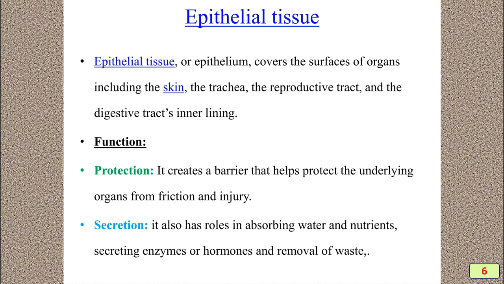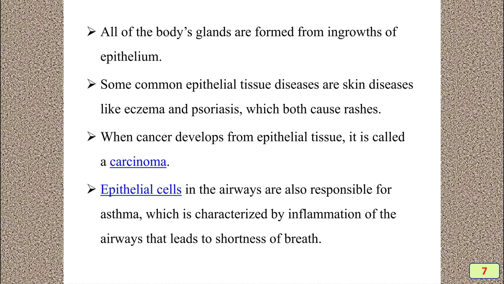They also have roles in absorbing water and nutrients. Apart from this, they also secrete enzymes or hormones and remove waste material from the body. So these are the functions of the epithelial tissues in a very brief manner.